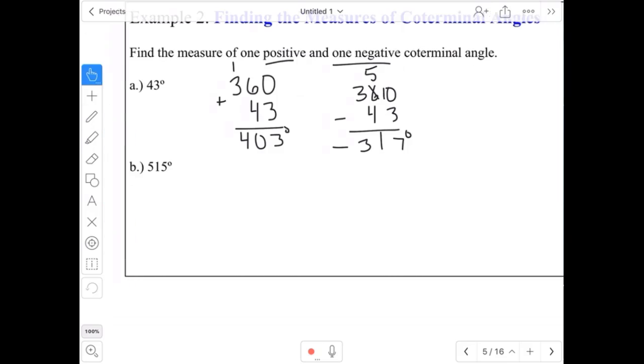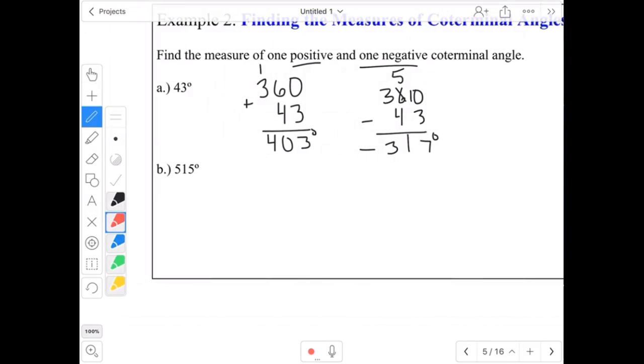But since subtracting 360 will still give me a positive angle that will be coterminal with this one, I'm going to use that method. So 155 degrees should be coterminal with 515. And then I'm going to take 360 minus 155, just like I did before.